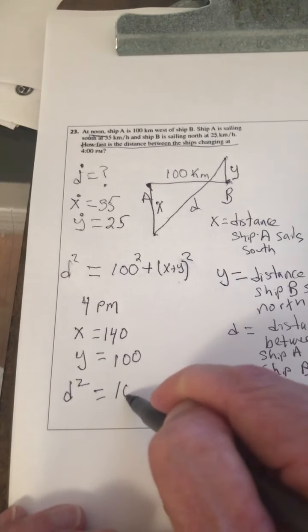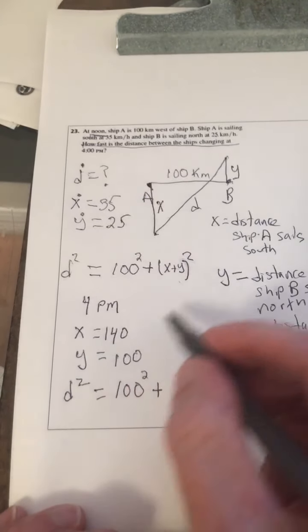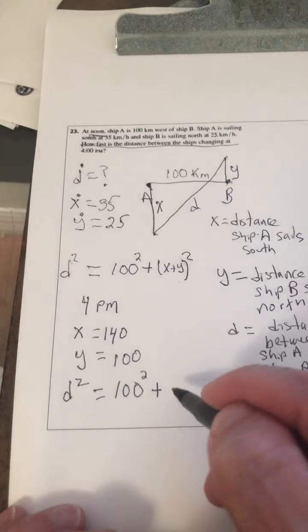So d squared is 100 squared plus x plus y, which is 240, squared.